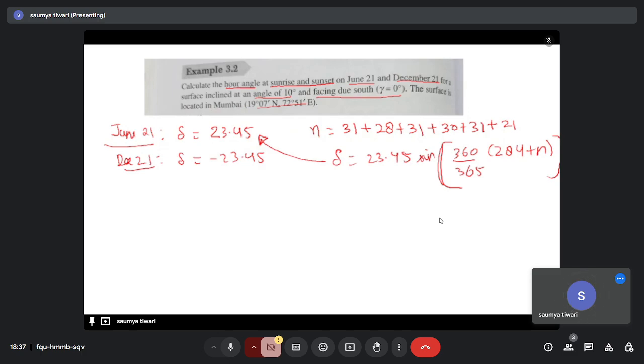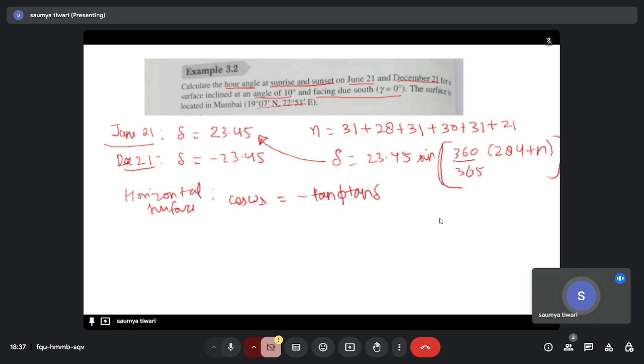Now, if you remember, for a horizontal surface, to calculate the hour angle we knew the formula cos omega s equals minus tan phi into tan delta.